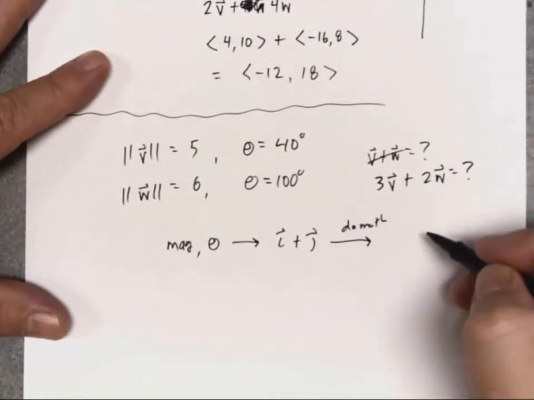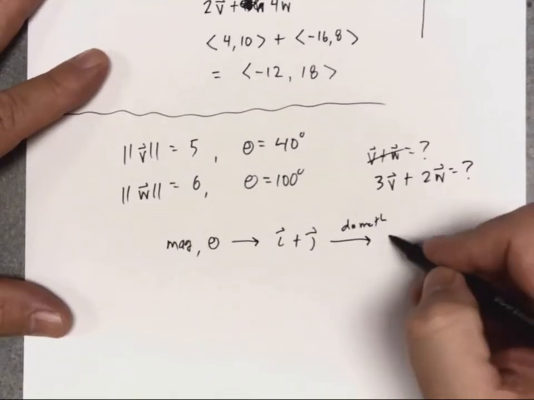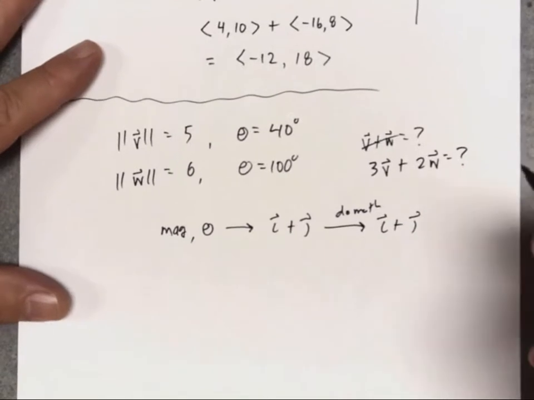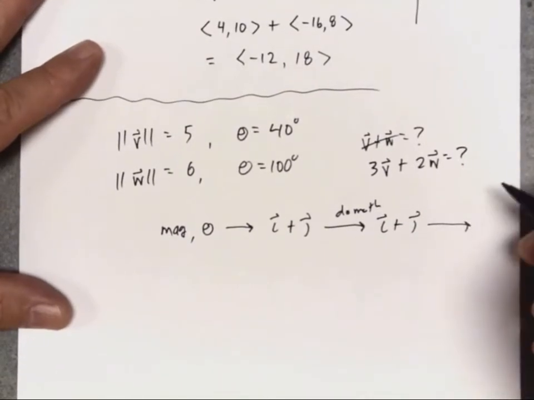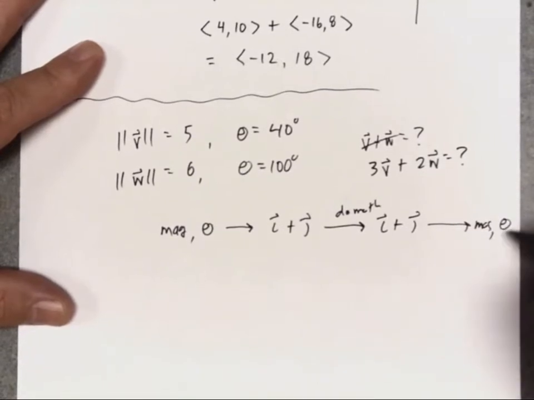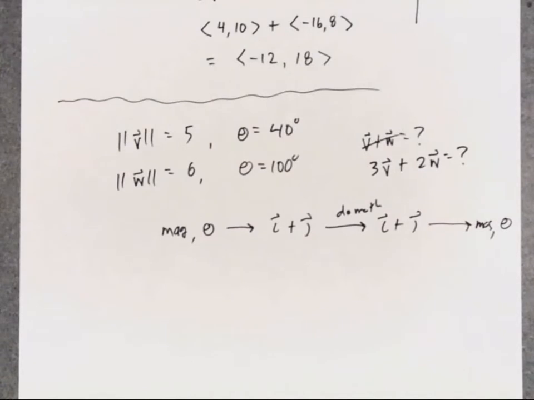And then you do the math. Once you do the math, they're still in ij form. And then the last step, you have to take that final vector and convert back to magnitude and direction.